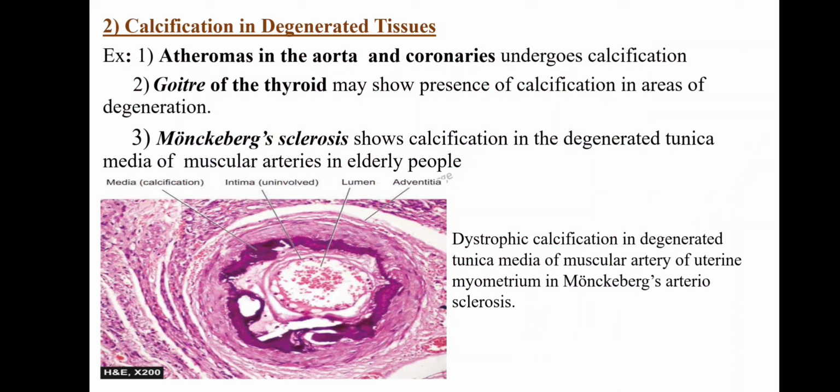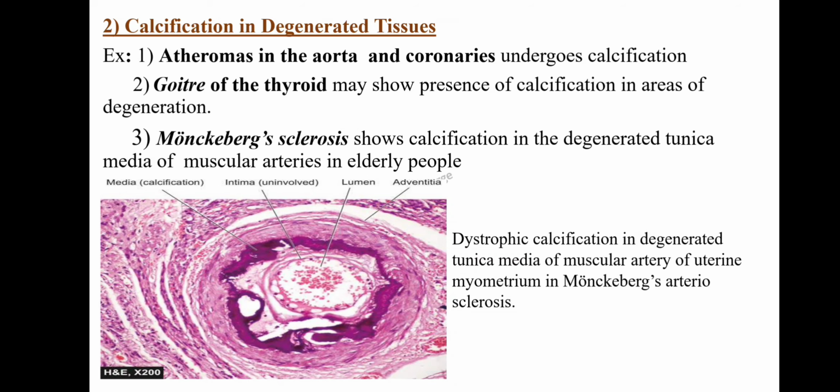During goiter also you can see some deposition of calcium in the areas of the degenerated part. And again you can see this photo of dystrophic calcification in Monckeberg's arteriosclerosis. You can see the calcium deposition.